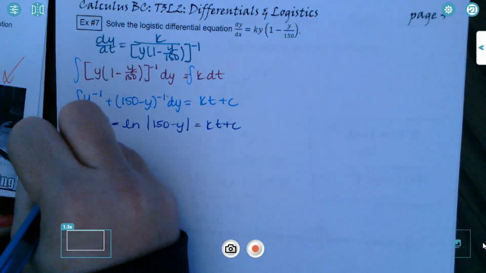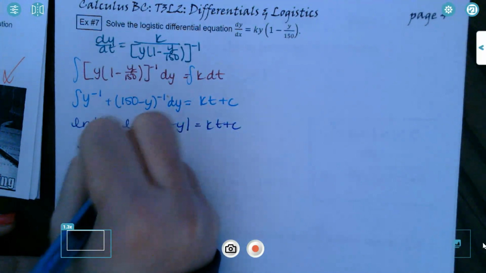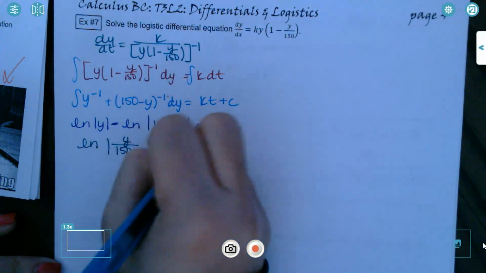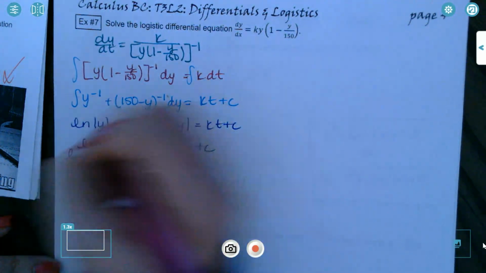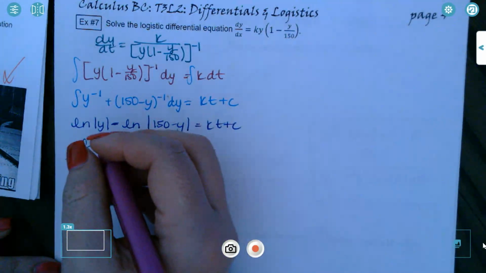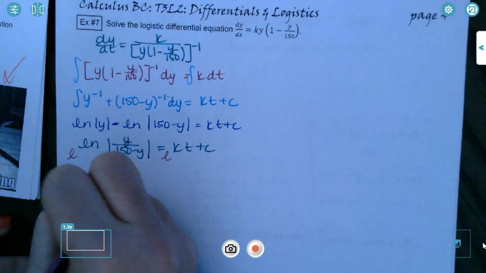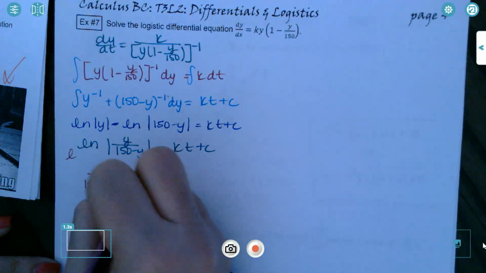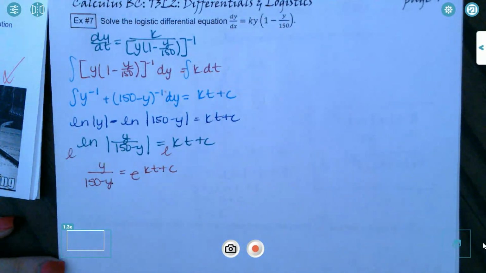So it's going to be the ln of the absolute value of y over 150 minus y. And now we're going to apply Euler to get rid of that natural log. All right. So there we are.